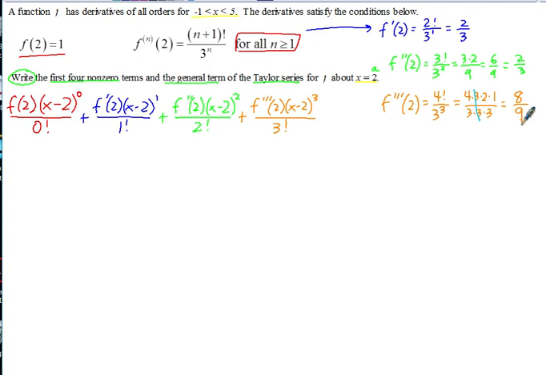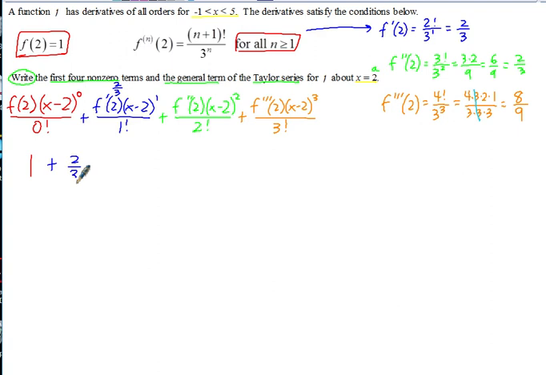So if we substitute those in, f of 2 we're given as 1 right here, so that we can put in right here. That's 1. X minus 2 to the 0 is 1. 0 factorial is 1, so the first term is just 1. Plus f prime of 2 was 2/3, divided by 1 factorial, that's like divided by 1, so that's just 2/3.